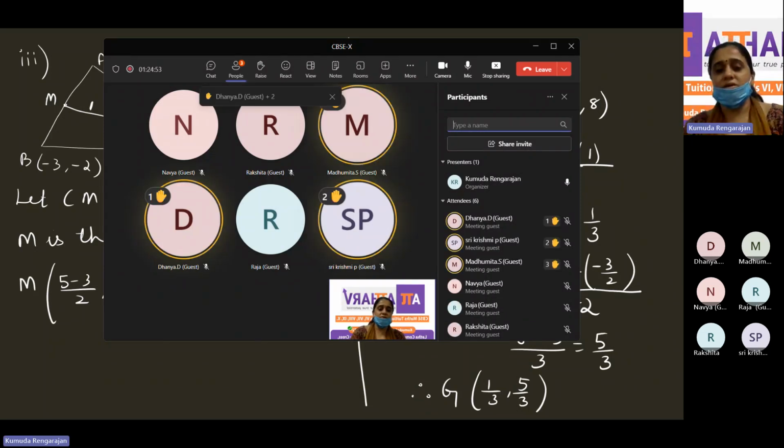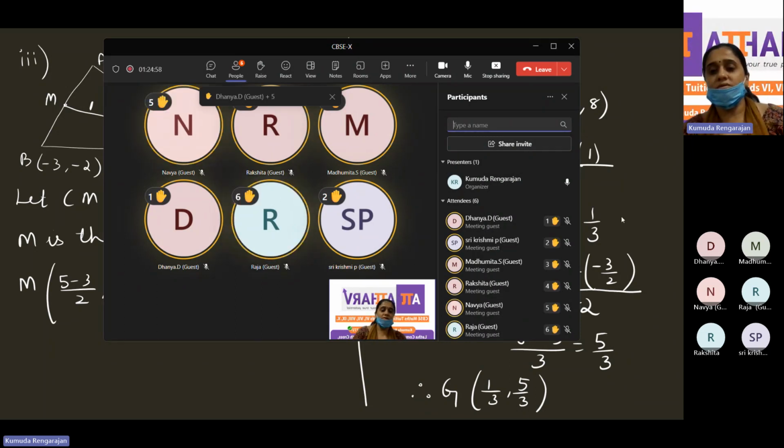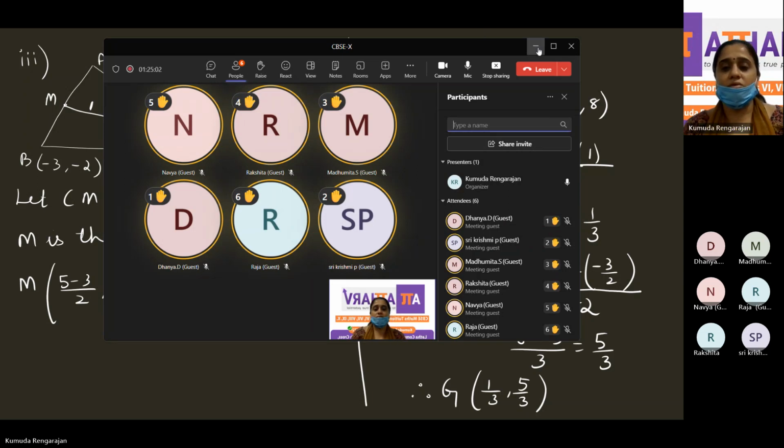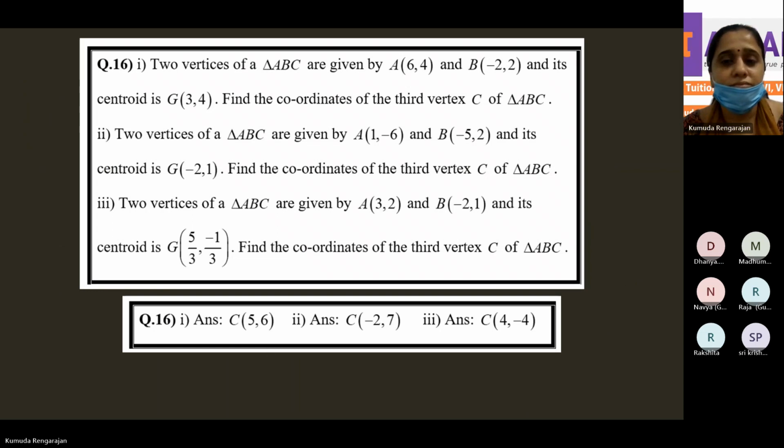Danya, Krishmi, Madhamita, Rakshita, Navya, and Raja. Okay. Any questions, children? Understood? No doubts.